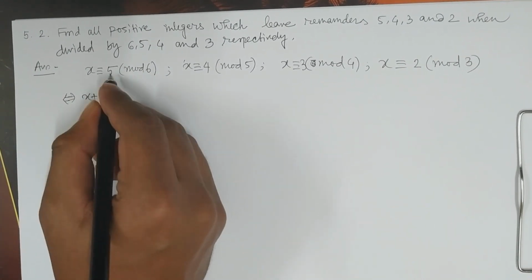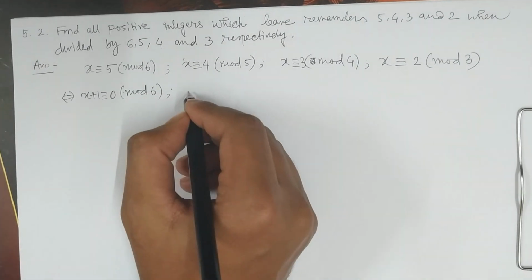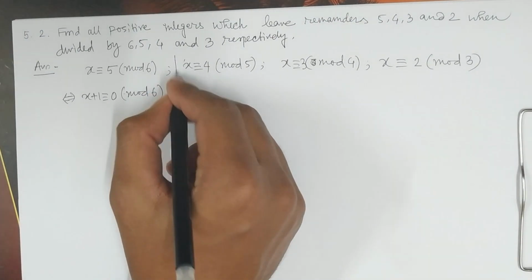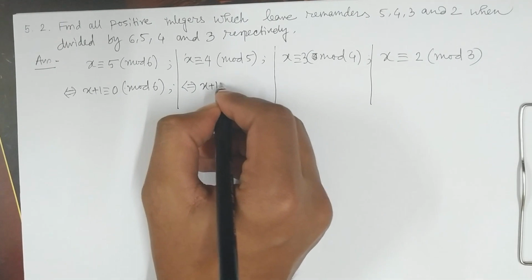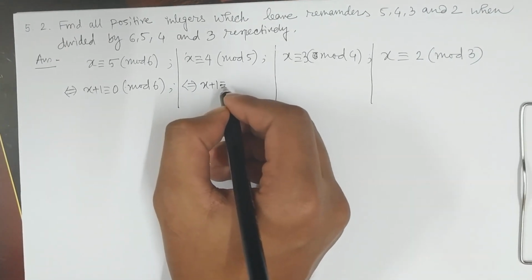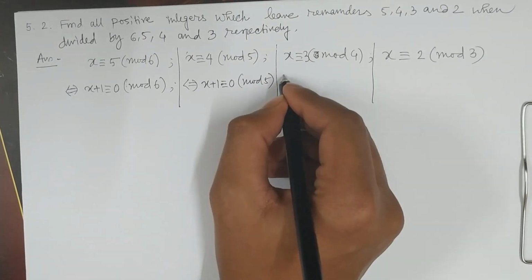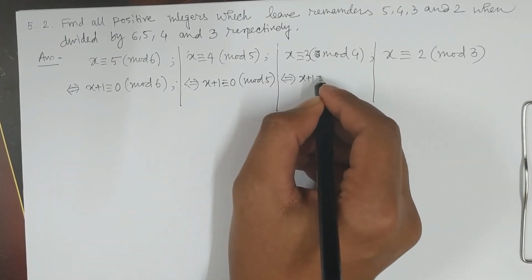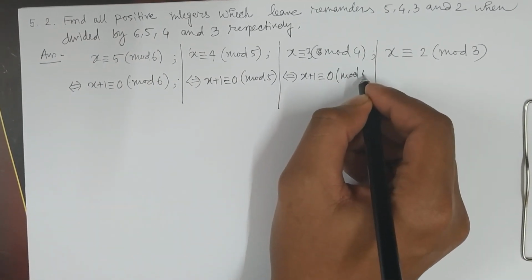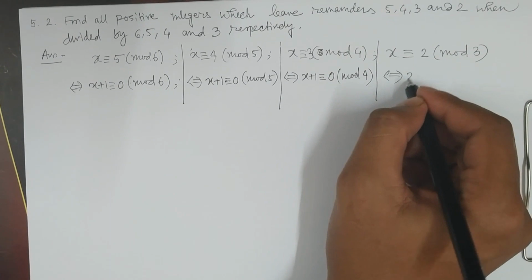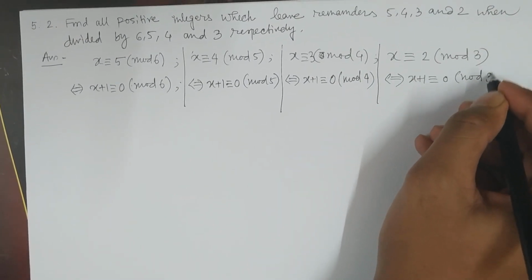x plus 1 congruent to 6, which is basically 0 mod 6, and it is equivalent to x plus 1 congruent to 5, which is basically 0 mod 5, and this is equivalent to x plus 1 congruent to 4, which is equivalent to 0 mod 4, and this is equivalent to x plus 1 congruent to 0 mod 3.